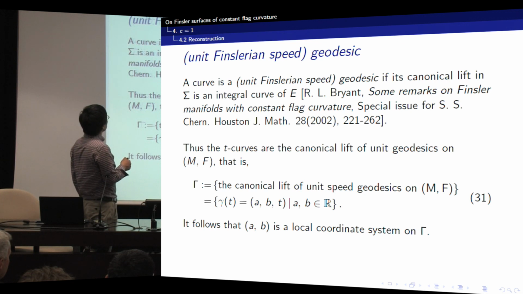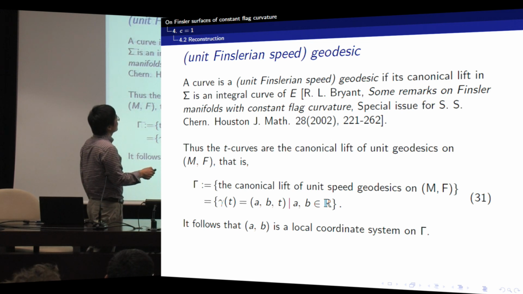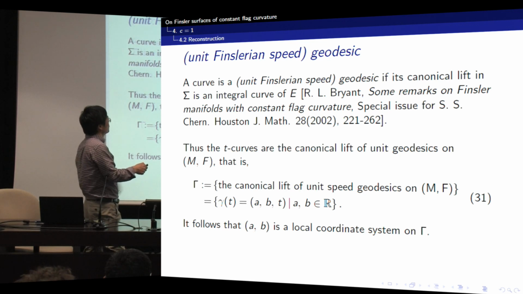This is just a Finsler geodesic. The definition: a curve is a unit Finsler speed geodesic if its canonical lift in sigma, the unit tangent bundle, is an integral curve of E. This E is a Liouville field, following the paper of Professor Bryant.